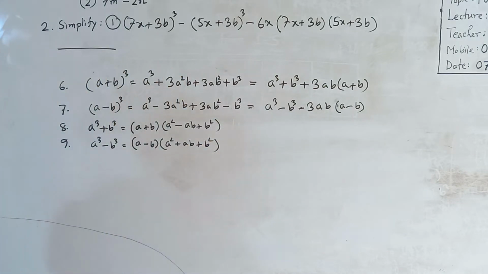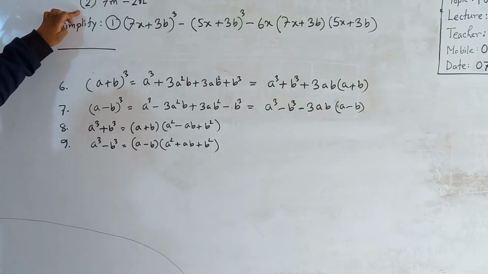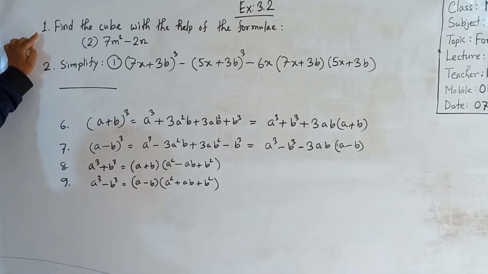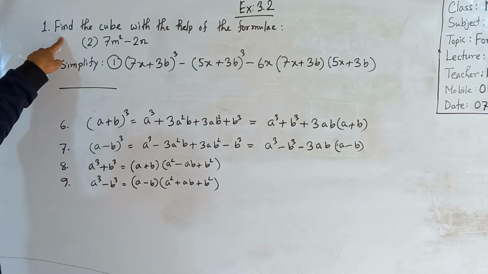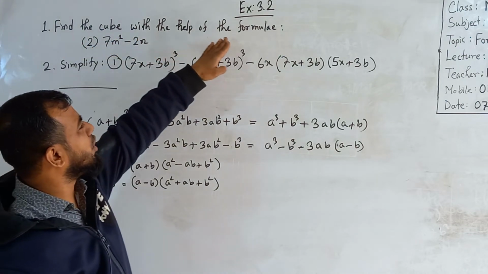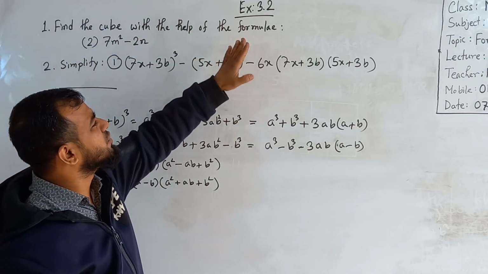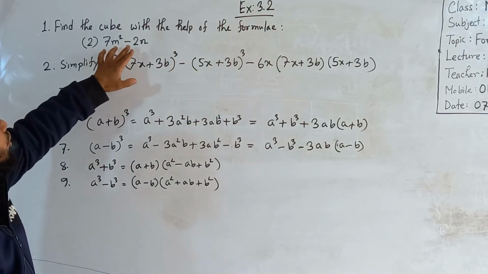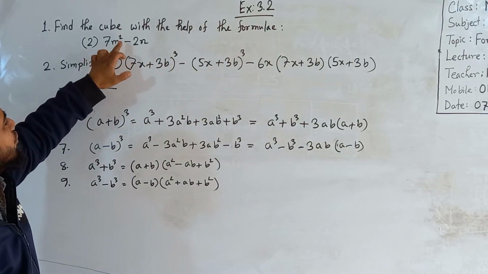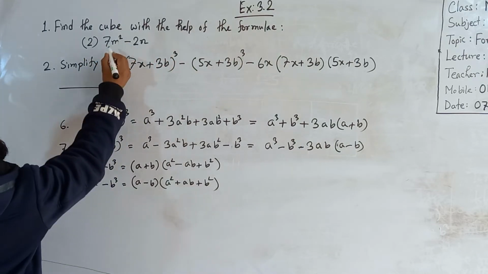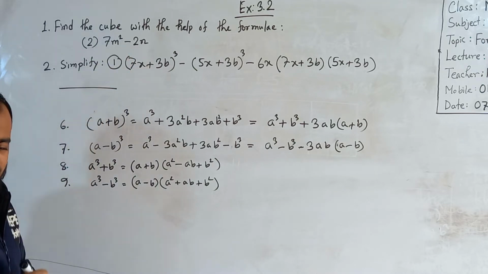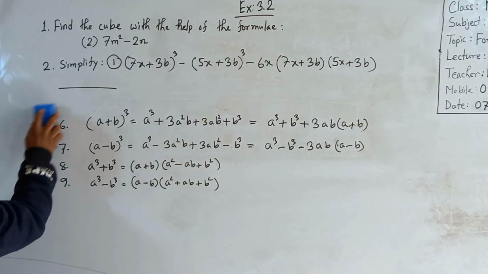Now we will solve question number 1 and 2. Question number 1 in exercise 3.2 is: find the cube with the help of formula. That means we must use the formula to find the cube of this one, (7m squared minus 2n). We need to find (7m squared minus 2n) cube.